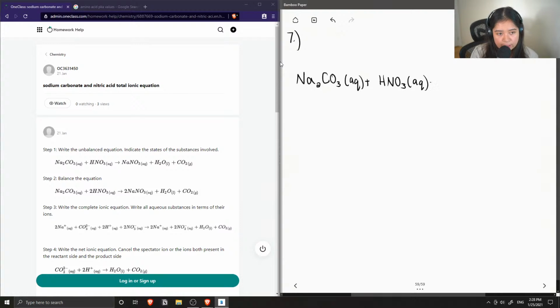So when this reacts, you get sodium nitrate plus water plus carbon dioxide.